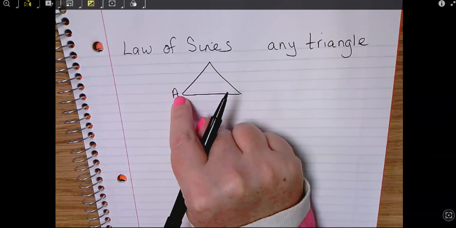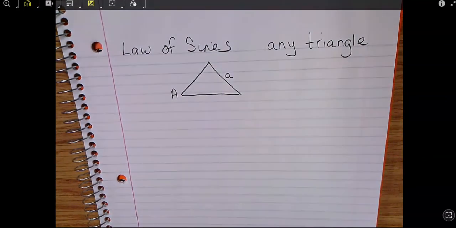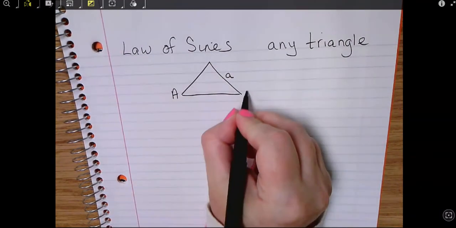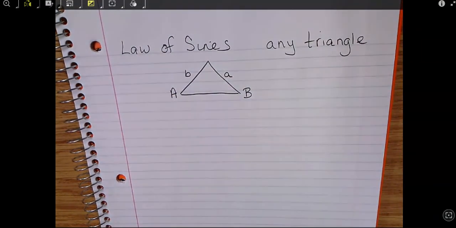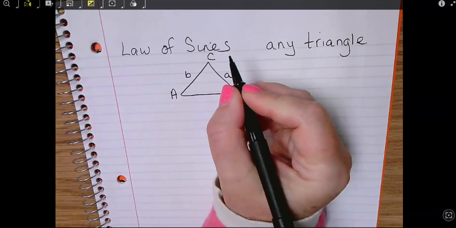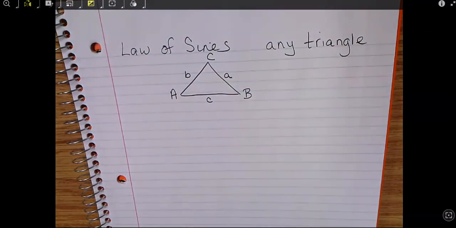So once you put big A here, little a goes there. If I put big B here, little b has to be across. Now we have no other choice: big C and little c. It's always important to know how to label a triangle, and to always draw a triangle for every single problem.